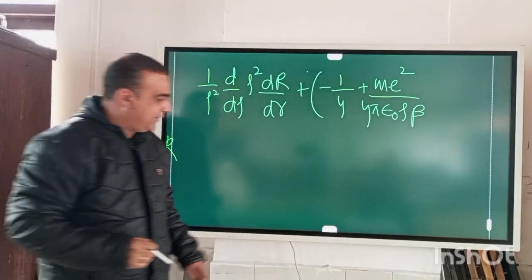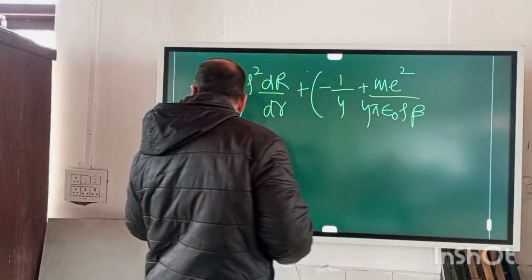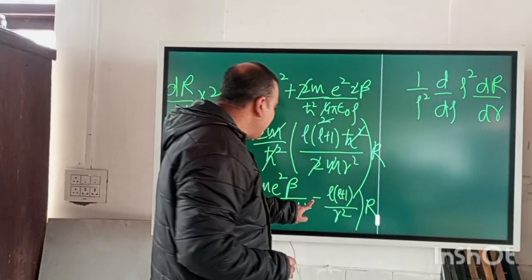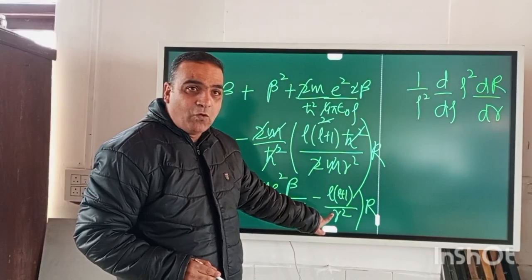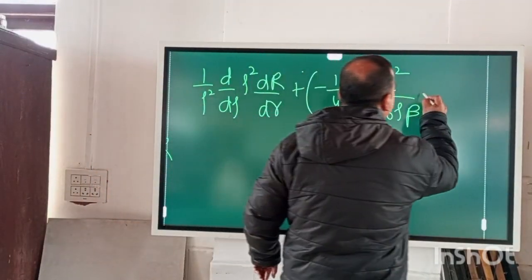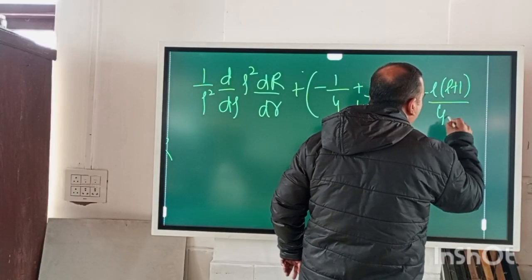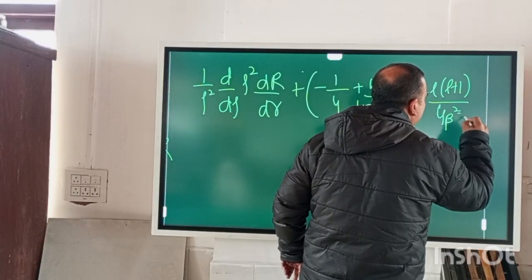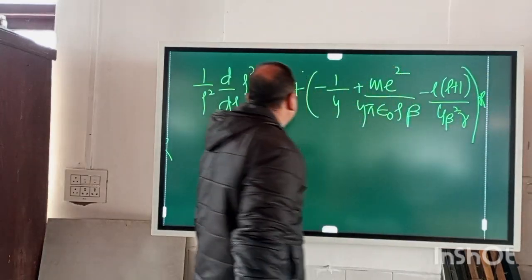Clear? Okay, then the last term will be minus L times L plus 1 by 4 beta square r, and close it and put it r.